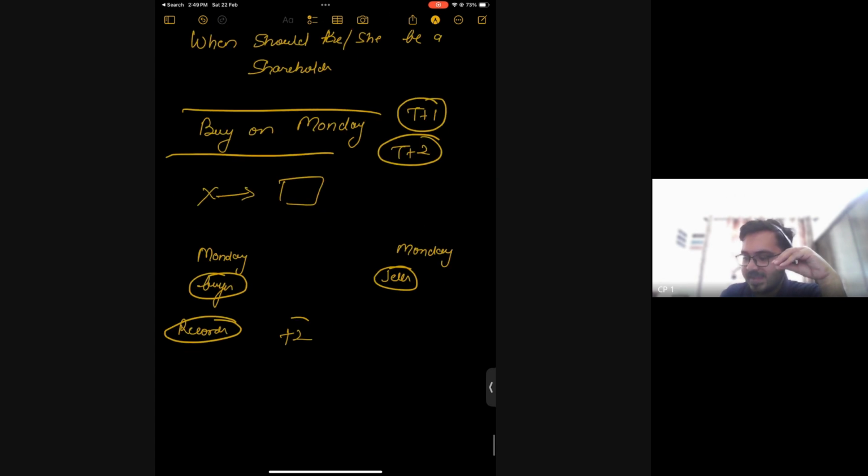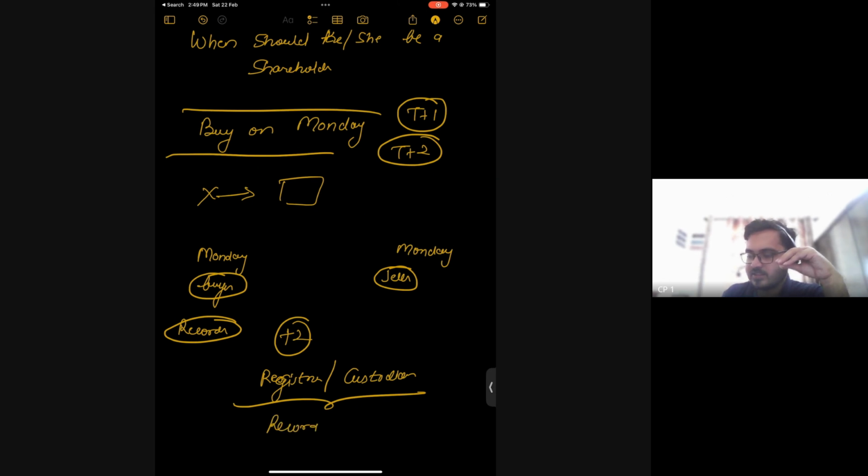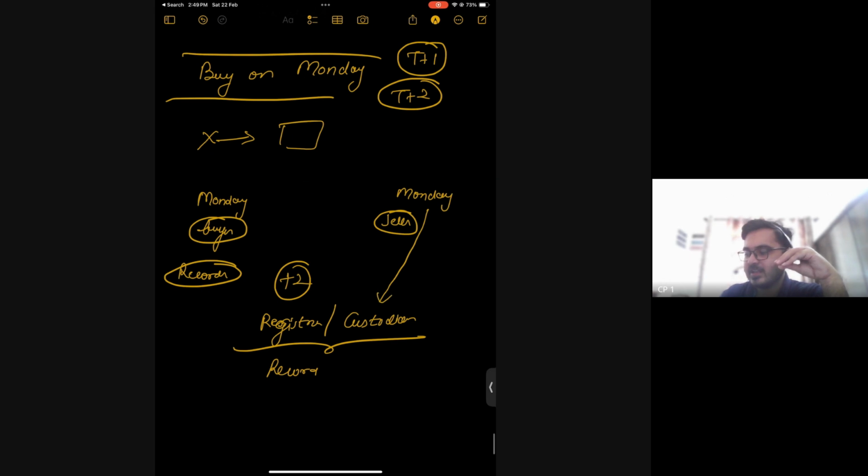Another 2 days it takes for the registrar and the custodian to record this. So what the custodian does is, from here he will remove the shares, and then here he will include the shares.